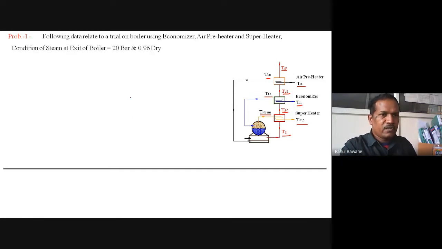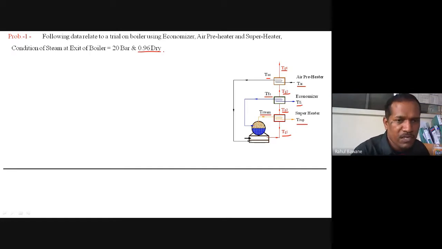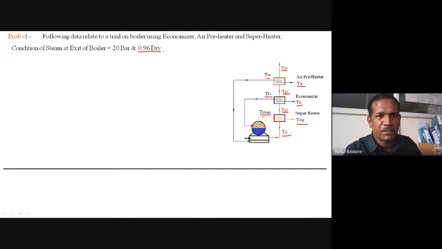Now the statement: the condition of steam at exit of the boiler is 20 bar and 0.96 dry. What do you mean by 0.96 dry? That means whatever steam is generated is not 100% dry. It is only 0.96 dry, which means 0.04 moisture is there.